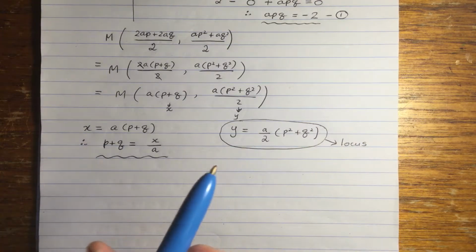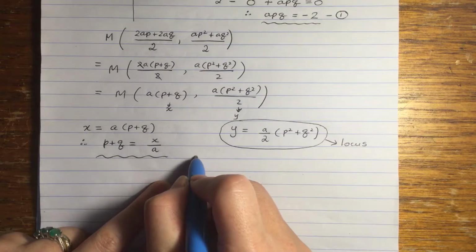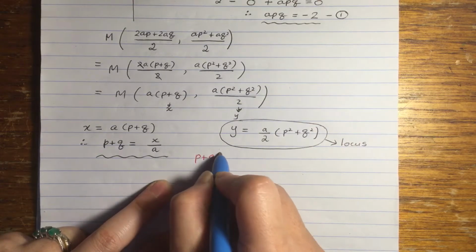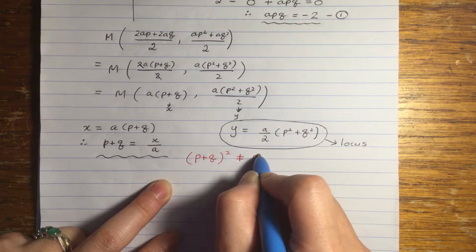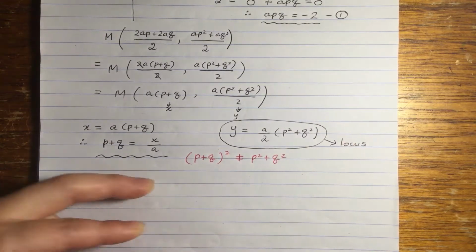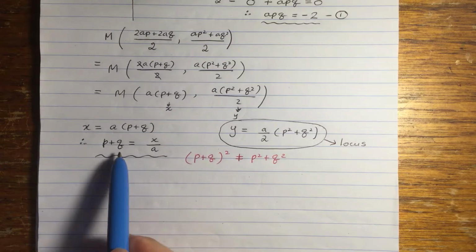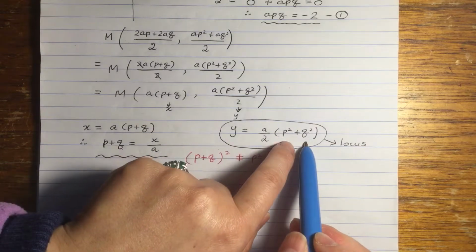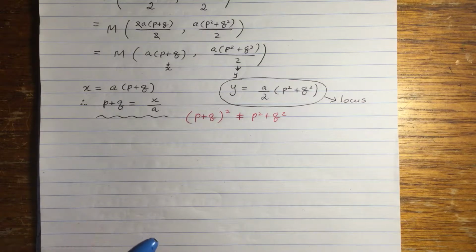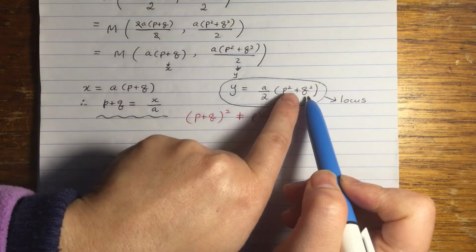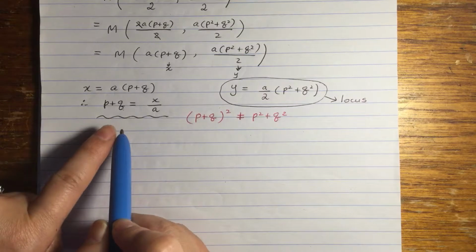Now the important thing to remember here is that p plus q squared is not the same as p squared plus q squared. So please remember that. You cannot just square it and substitute in there. I'm going to show you how we replace this p squared plus q squared in terms of p plus q.